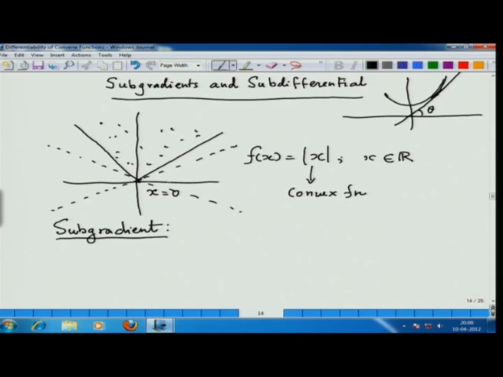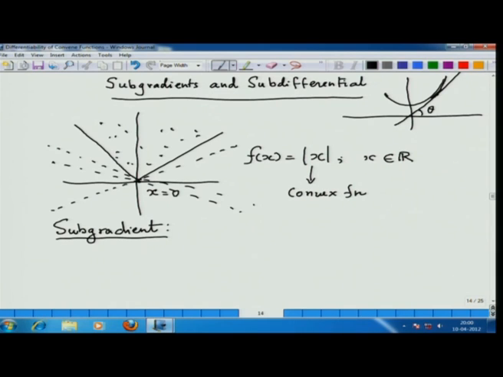The line y equal to 0 itself is a tangent, while of course, this is not a tangent. So, any line whose slope is varying from minus 1 to plus 1 is a tangent. Because this is minus 45 degrees, this is plus 45 degrees.